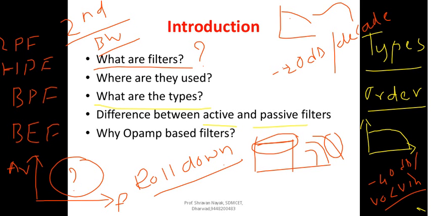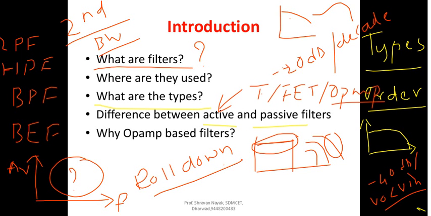Now, let us not go into much detail about the passive filters. We will try to restrict ourselves to the active filters. Whenever I say active filter, active components are involved. It may be your transistors, or FET devices, or op amps, right?